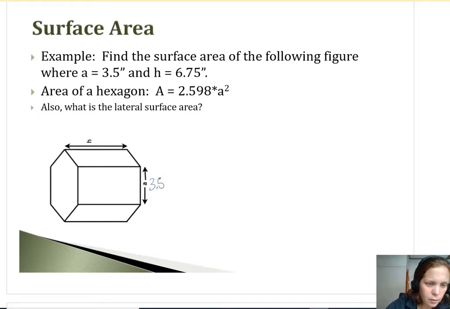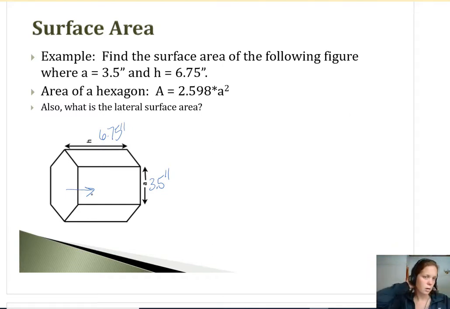So the side of the hexagon is 3.5 inches. Height is 6.75. This is actually kind of turned, but we really do need to picture it turned 90 degrees because the base needs to be whatever's the common shape that goes throughout. As I go in one direction, it has the same shape. So really the base is a hexagon. We have to picture it turned.